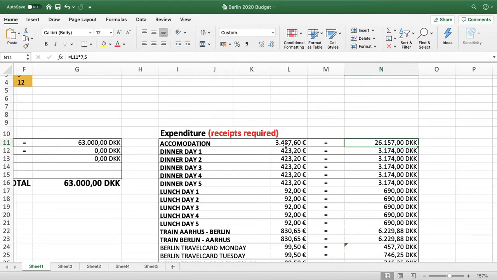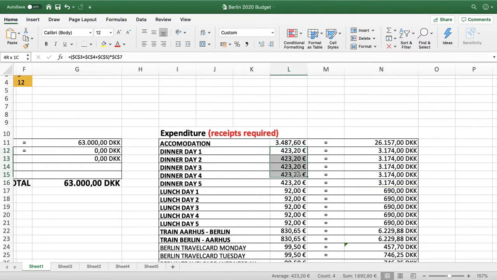So that's the euro amount in cell L11 times 7.5 gave you the kroner amount, because 1 euro is about 7.5 kroner. Okay, so I had loads of things that were priced in euros, but in my spreadsheet I converted them to kroner by having a formula that multiplied them by 7.5.